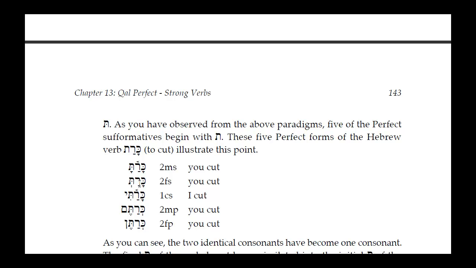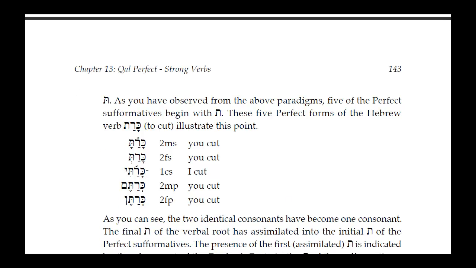Same thing with karat. Here you have a tav with a shva under it, and then you have the root tav, and so you basically have two tavs there, with one closing the first syllable and the other one opening the next.